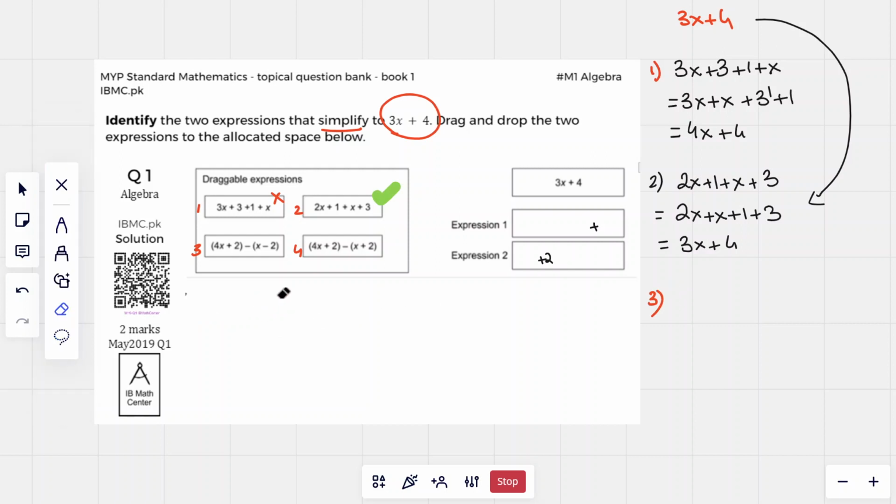So the third one is 4x plus 2 minus x minus 2. When no sign is given, it is implied that the sign is positive. And when no coefficient is given, it is implied that the coefficient is 1. Why did I bring the coefficient here? Because x alone in this question did not have any number next to it, right? It was just x.